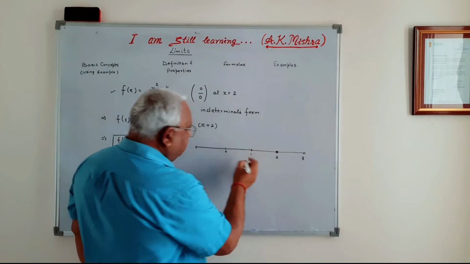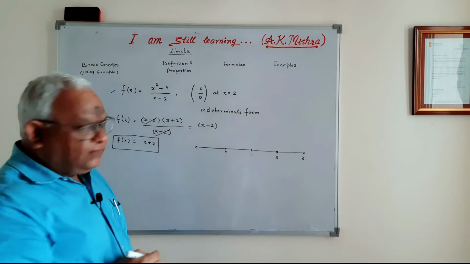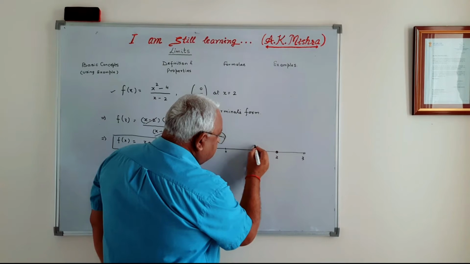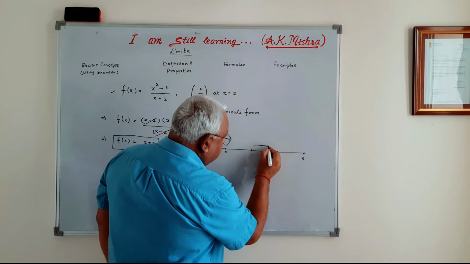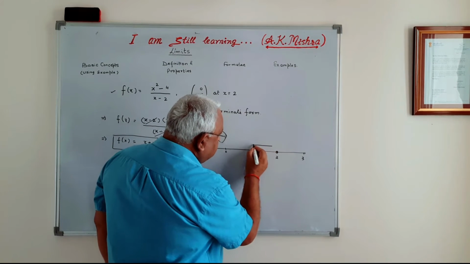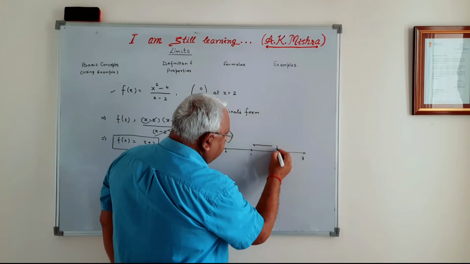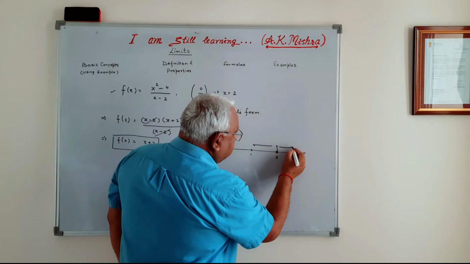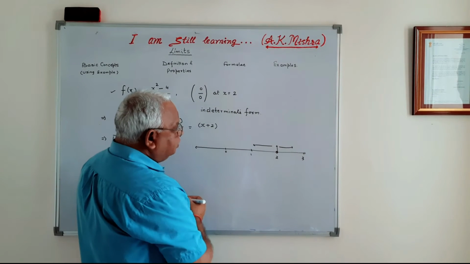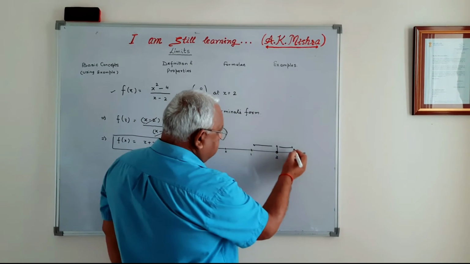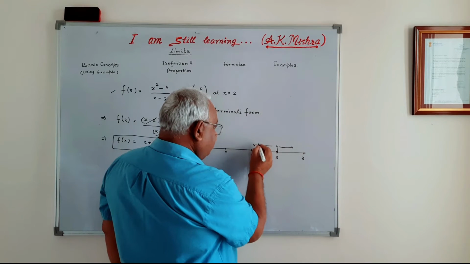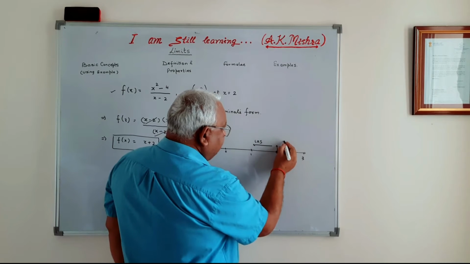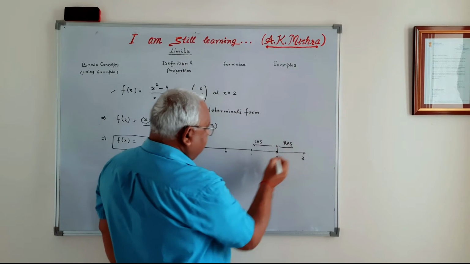To discuss the concept of limit, we take some value towards the left of this x equal to 2 and some value towards the right of it. So this is left hand side and this is right hand side.